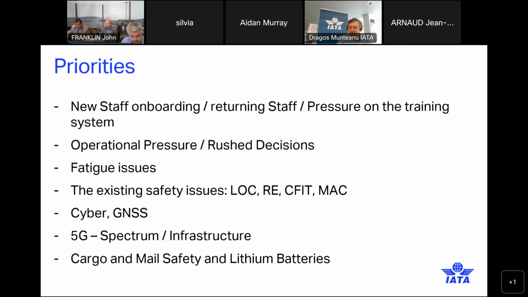Cargo and mail safety and lithium batteries are still an issue. Lithium batteries on board of an aircraft producing fire is not a situation that we would like, and we don't have many tools to protect if the fire starts while the aircraft is flying. So basically here again, working together with states to make sure that whatever is shipped by cargo, by air, is according to the regulations.